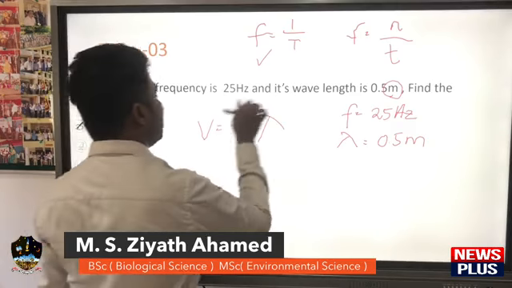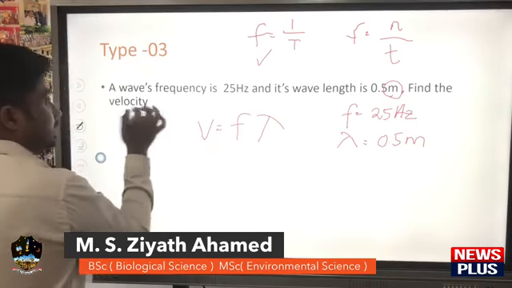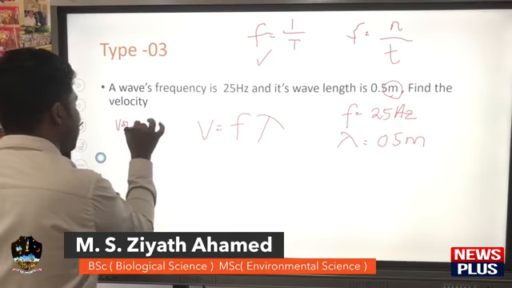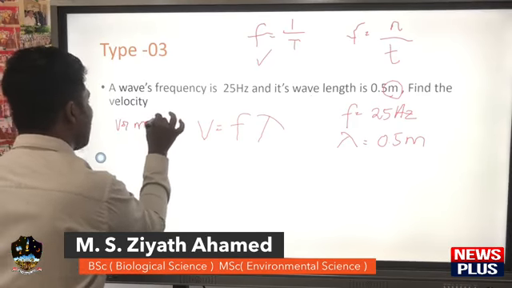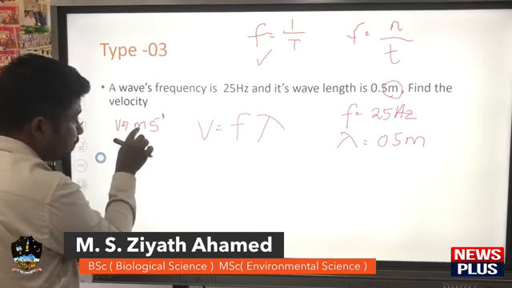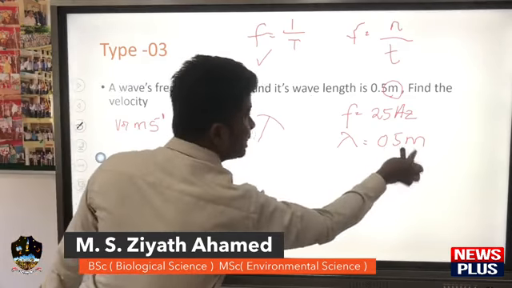If you want to find the speed, what is the standard unit of speed or velocity? That is ms minus 1. So lambda should be in meter, and it is given.